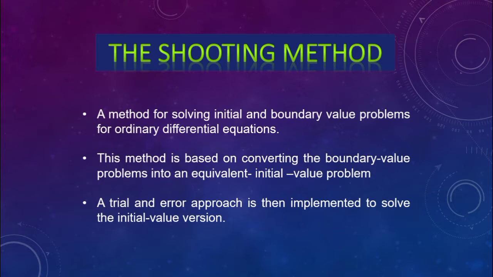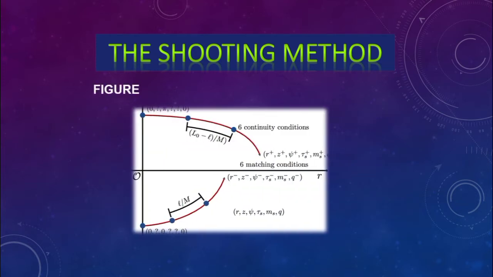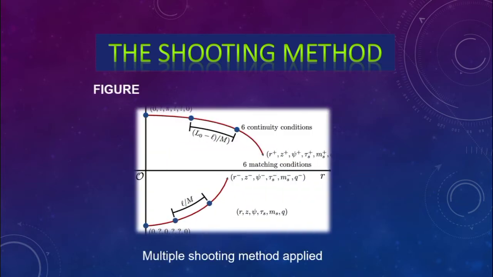Roughly speaking, we shoot out trajectories in different directions until we find a trajectory that has the desired boundary value. So here we have an example of a multiple shooting method applied.